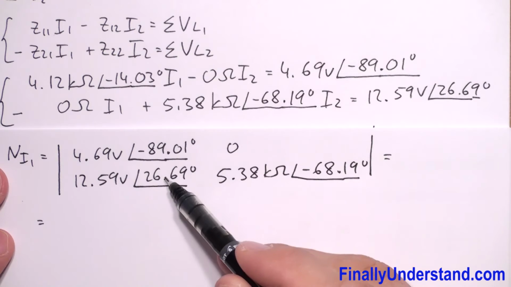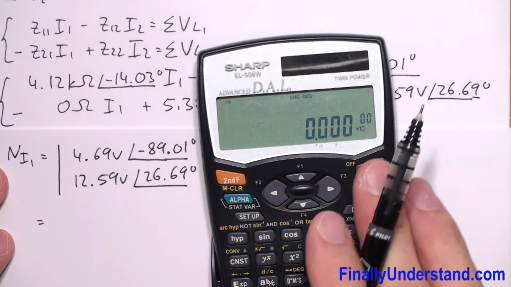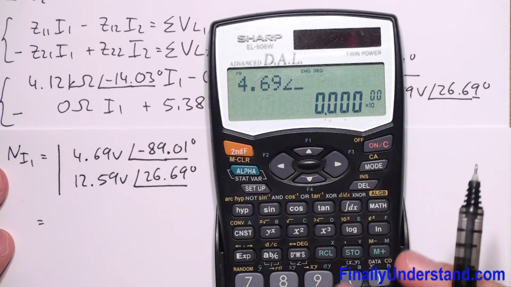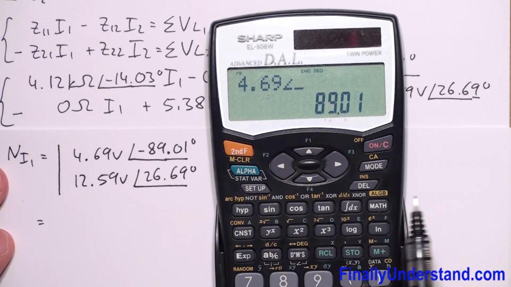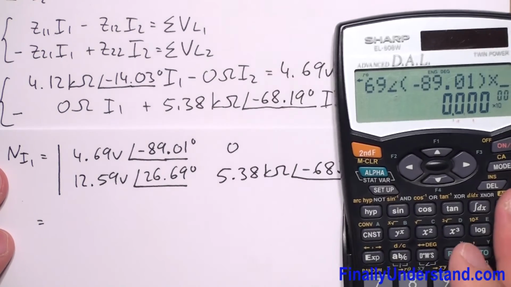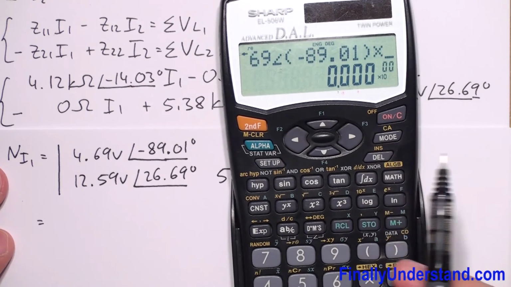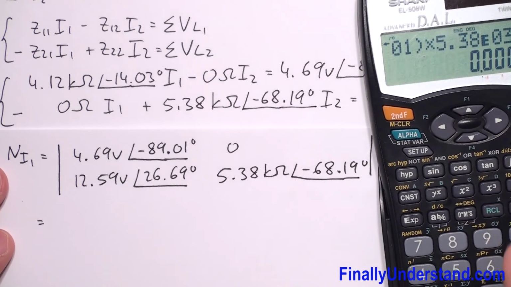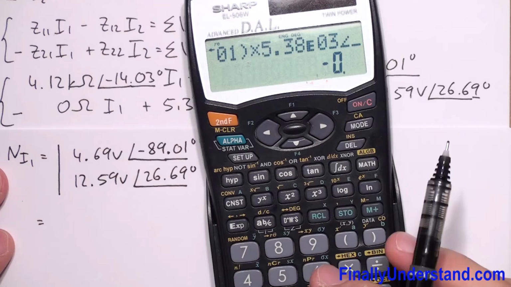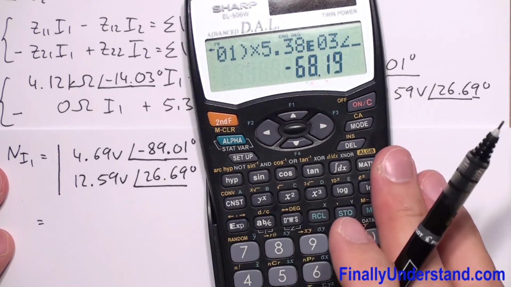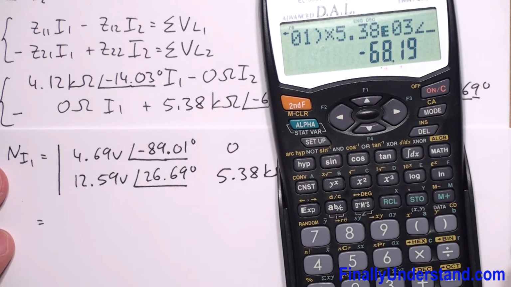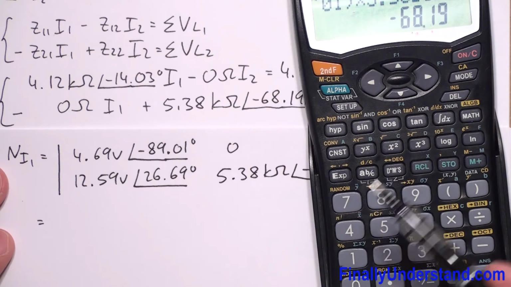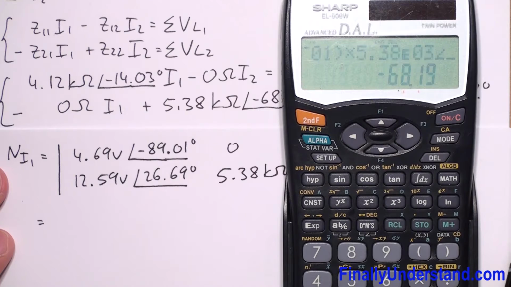So I have 4.69 and angle of negative 89.01 times 5.38 exponent 3 and angle of negative 68.19, minus 0 times anything will give me 0. That's why I'm not going to even enter this into the calculator, simply press equal.